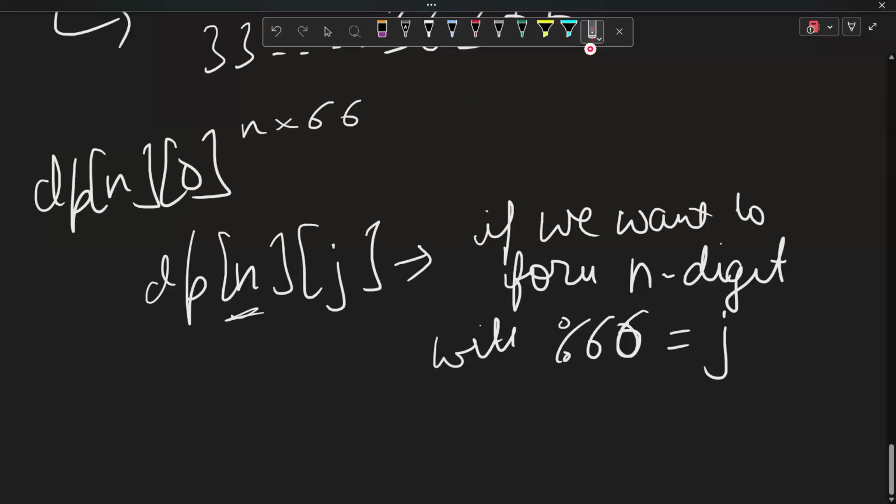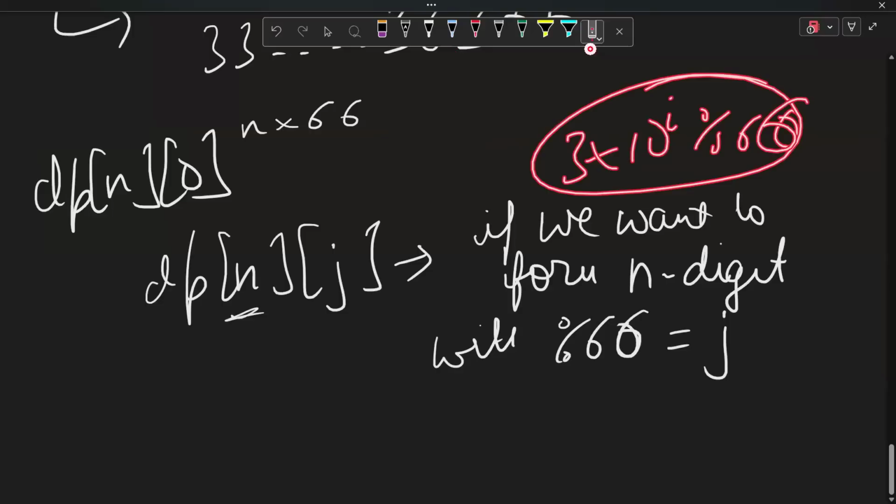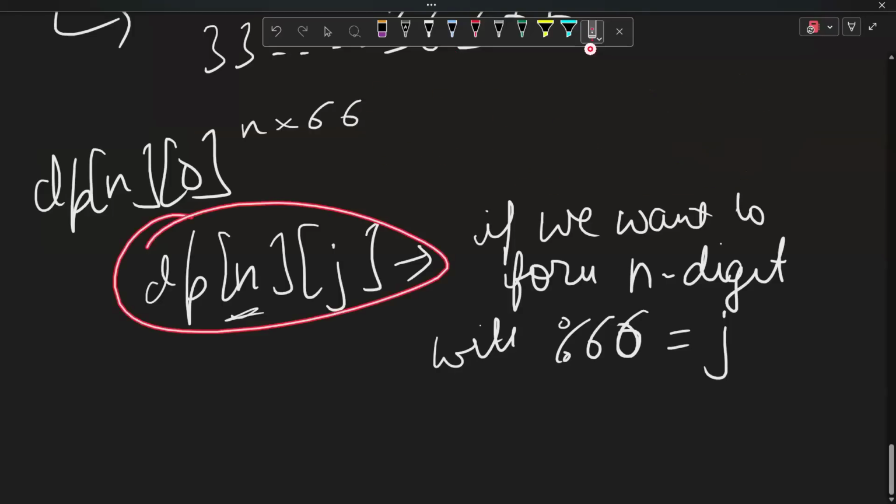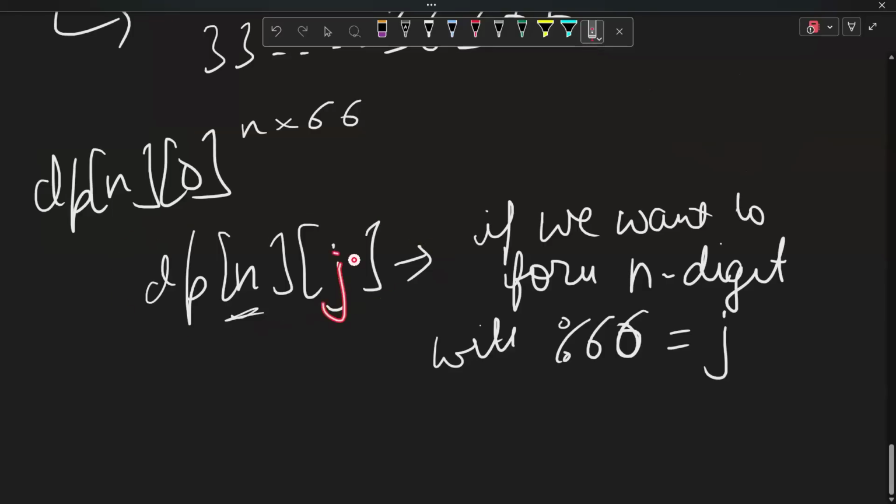For that, my modulo j is going to be below 66, I can calculate. This much is already done, then 66 minus that would be required for the remaining. So I'm using a DP state of n, j, where j stores that I want to reach modulo 66 as j.